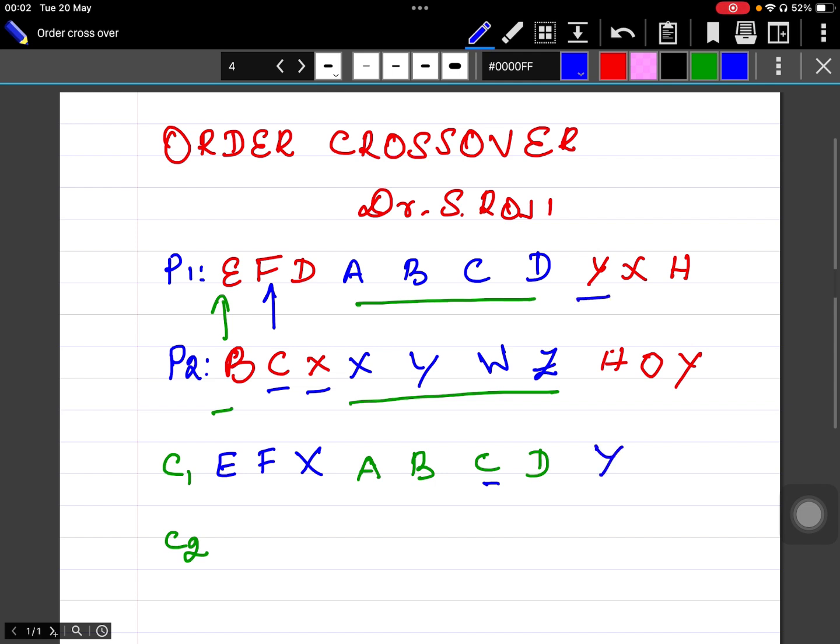Y is not repeated. Again, I have an X. X has come already in my segment, so instead I'll copy O. H comes next. H is not present anywhere, so I can write H. This is how you form the children by using order crossover.